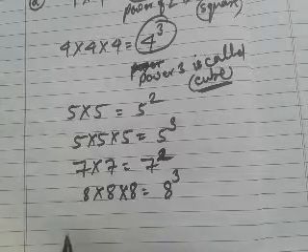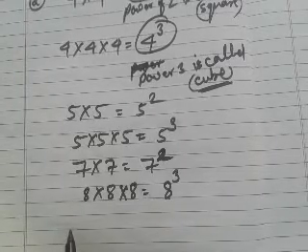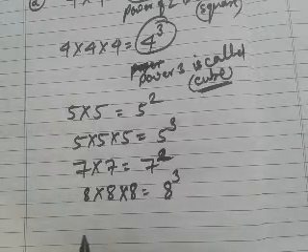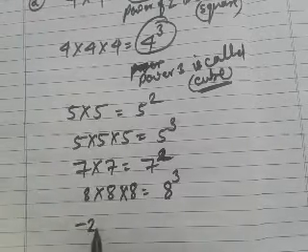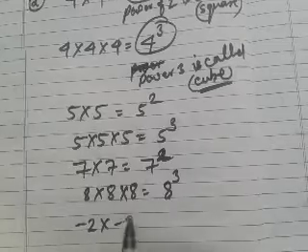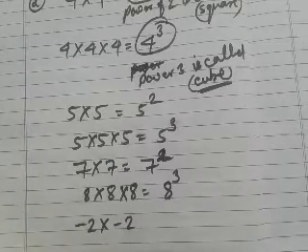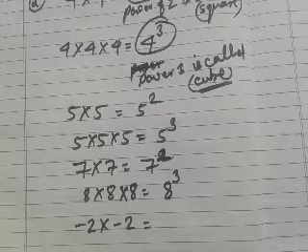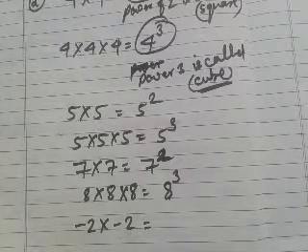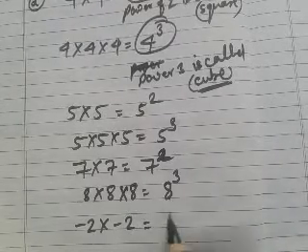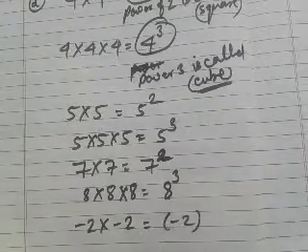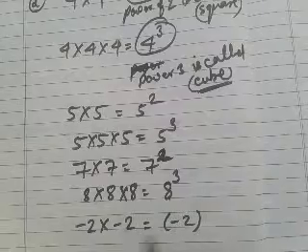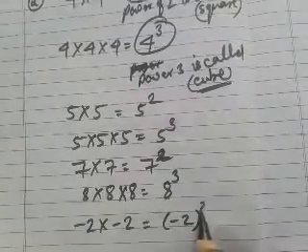Suppose we have a number -2. How can we write this number in short form? We take -2 as the base, and -2 is repeated 2 times, so its power is 2.